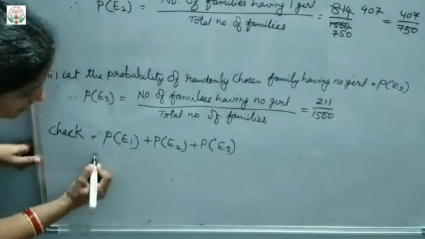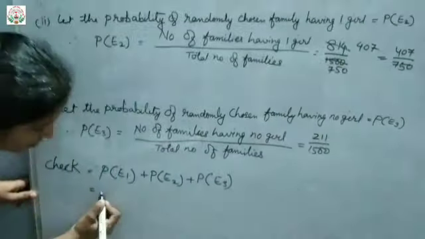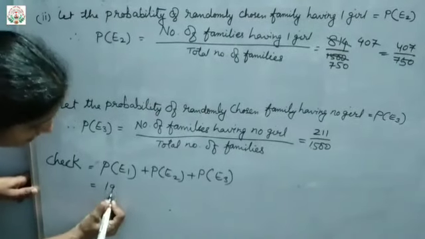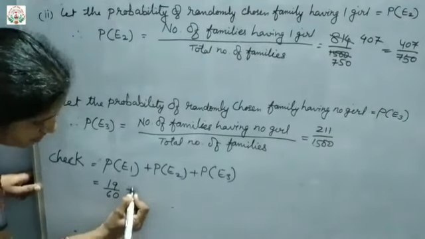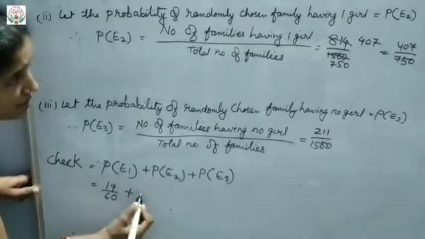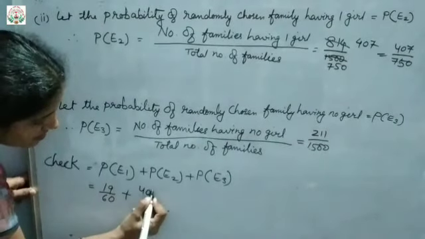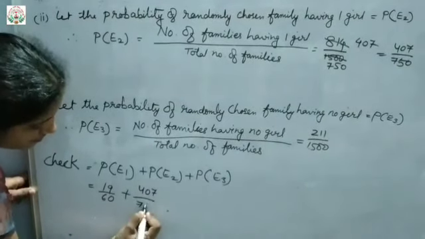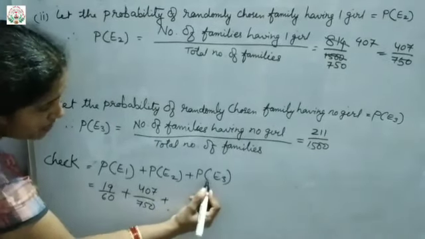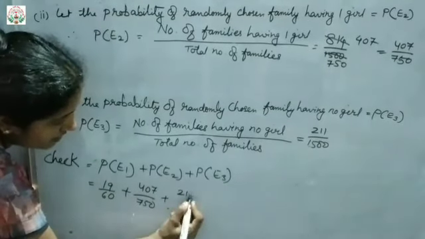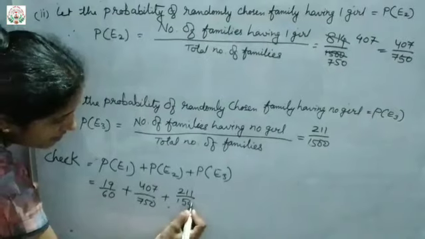Now write all the probabilities. P of E1 is 19 upon 60, plus probability of E2, which is 407 upon 750, and then probability of E3, which is 211 upon 1500.